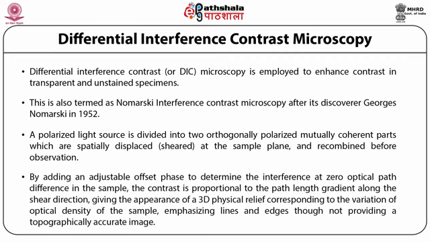By adding an adjustable offset phase to determine the interference at zero optical path difference in the sample, the contrast is proportional to the path length gradient along the shear direction, giving the appearance of a 3D physical relief corresponding to the variation of optical density of the sample, emphasizing lines and edges, though not providing a topographically accurate image.